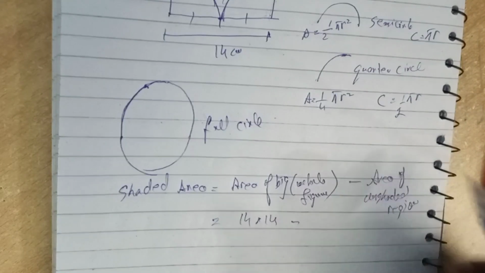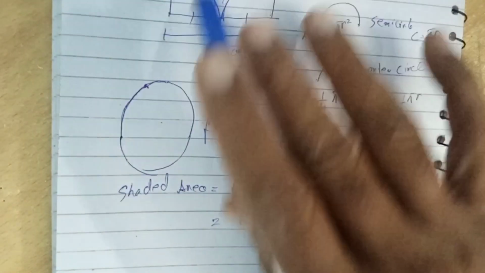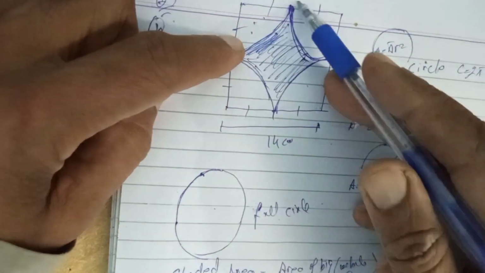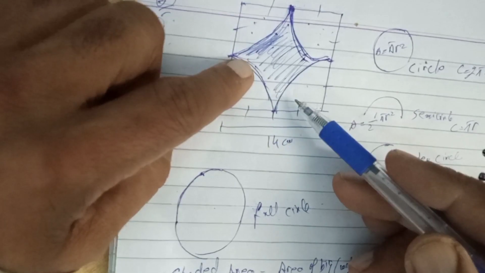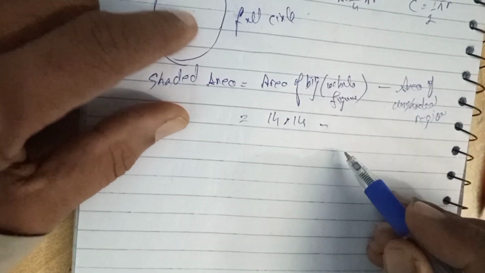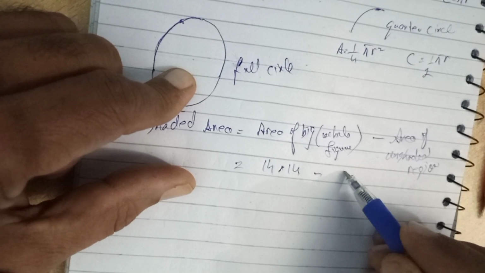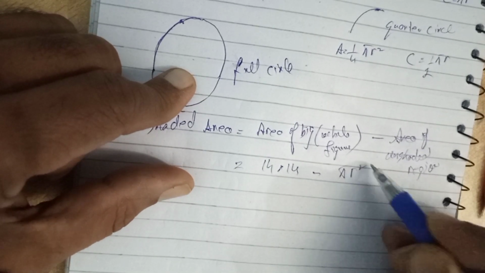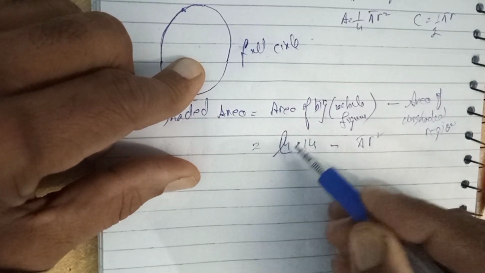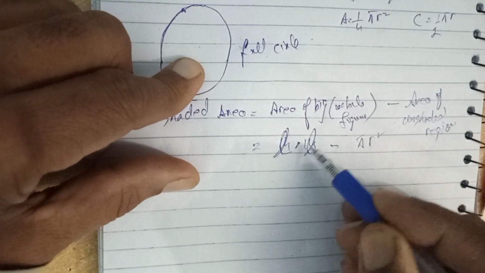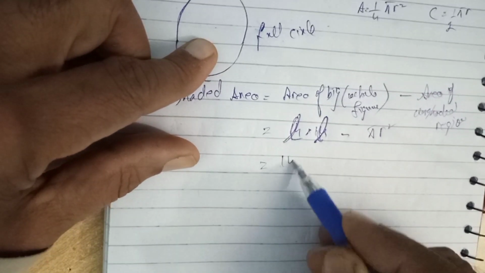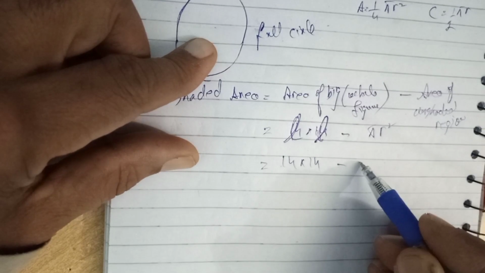Now I will calculate the area of the four quarter circles. When these four quarter circles are joined, they form a circle. So I will subtract the area of the circle, which is pi r square. First I write L into L, the formula for the area of a square. So 14 into 14. And now I write pi.